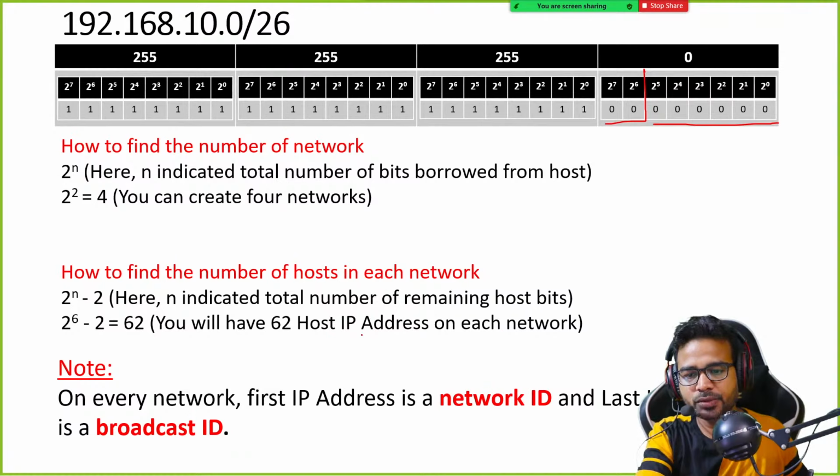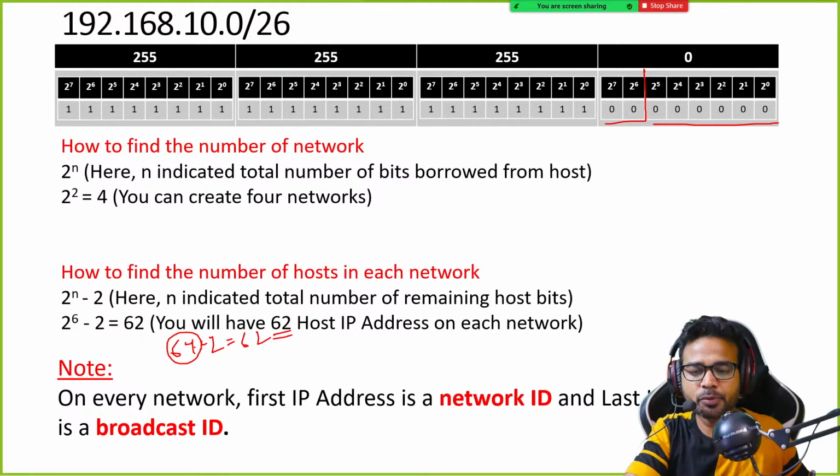But actually, if you subtract 2 from the total, for example, by default you will get 64. If you minus 2, you will get 62. Correct? So this 64, 64, 64, you have to keep adding on each network.